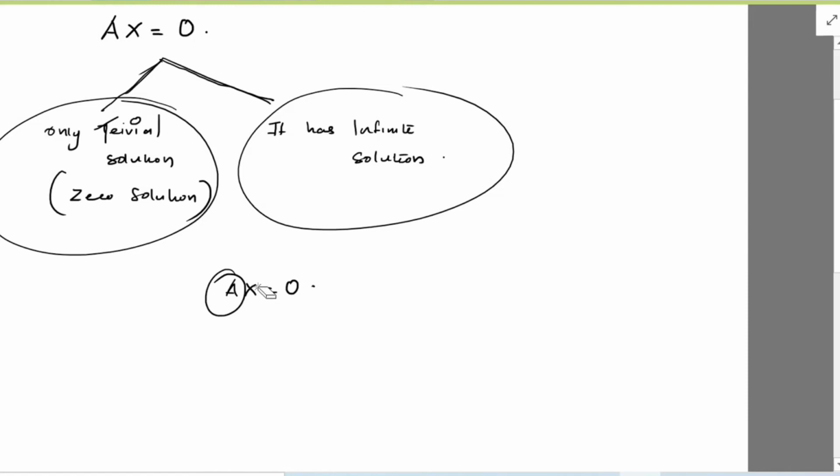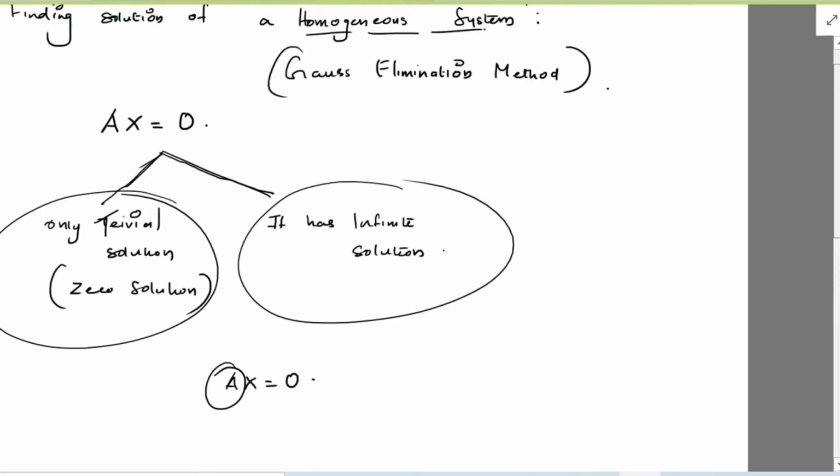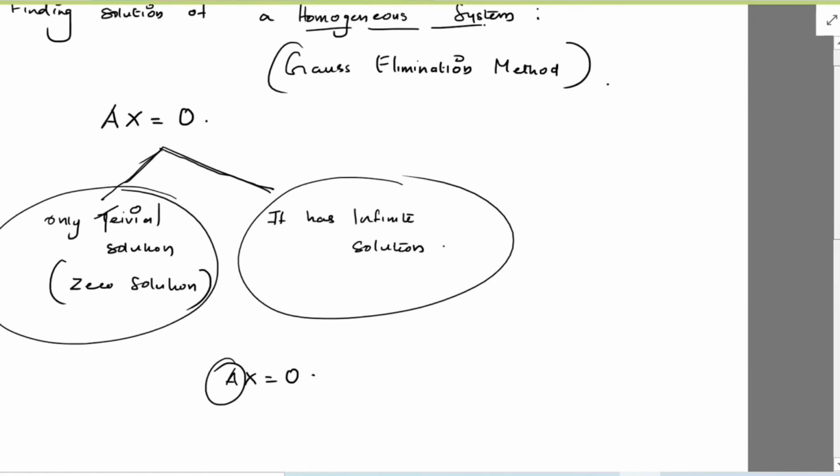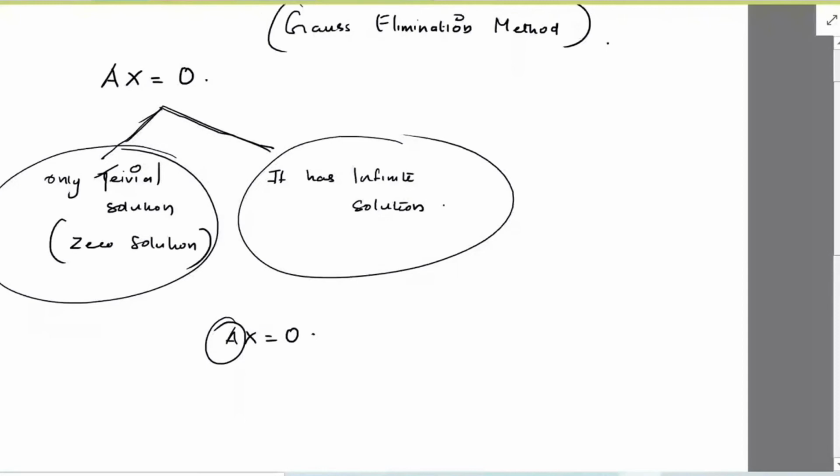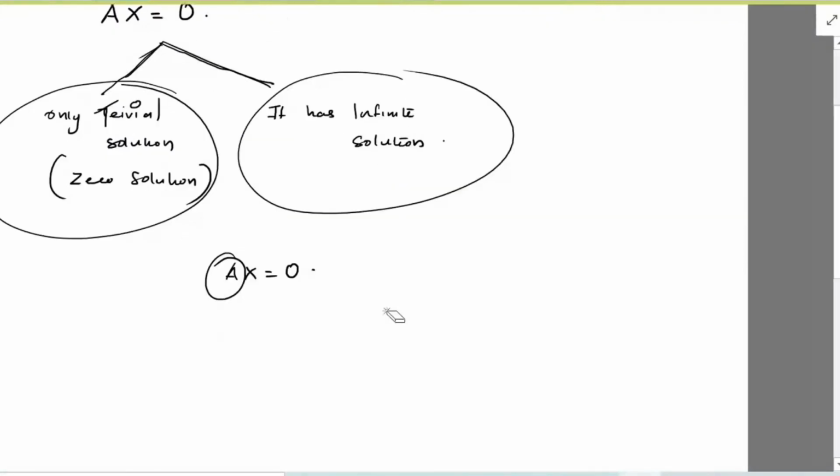When the value of X is 0, then it has the trivial solution. Actually, X is not a real number. Capital X is the collection of variables.